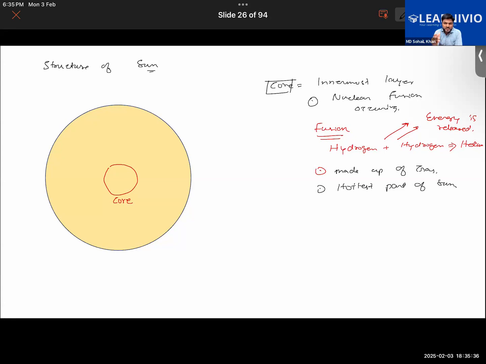Just imagine how intense this temperature is. Just like 50 degrees Celsius feels so warm, and here it is about 15 million, I'm not exactly sure, but around 15 million degrees Celsius. So that is about all of this.